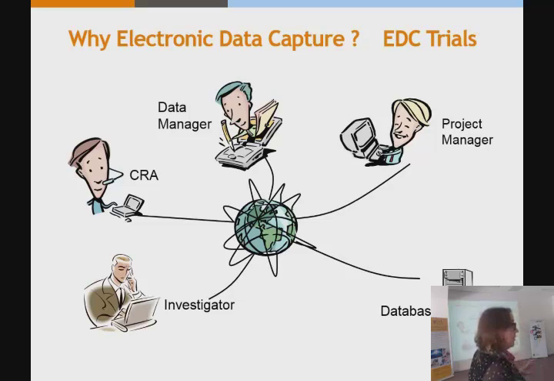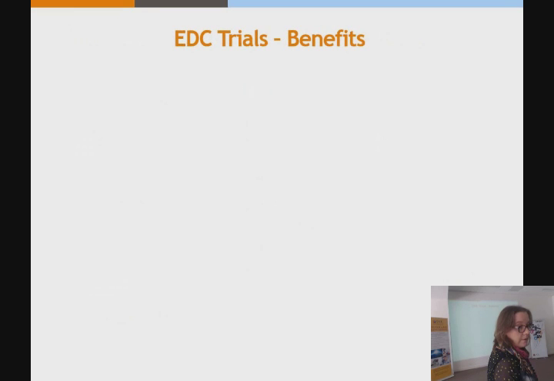The monitor would be able to look and enter queries or have a look at other patient information. And we'd be able to make that site specific, so only the Cork investigator, only the Cork researchers would see the Cork data, and so on. So we use a web-based system that allows people to use it in different functionalities and make it site specific as well.